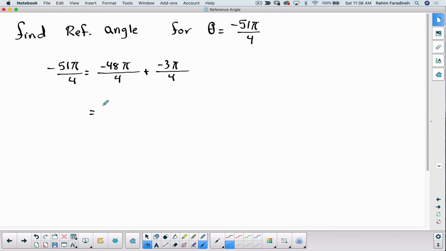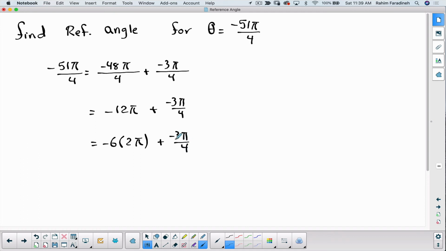So why did I do this? If I simplify the first one, I'm going to get negative 12 pi, then plus negative 3 pi over 4. And negative 12 pi is negative 6 times 2 pi plus negative 3 pi over 4.